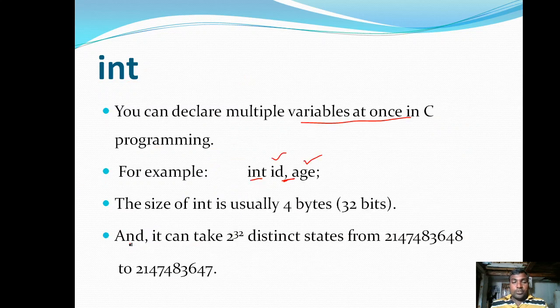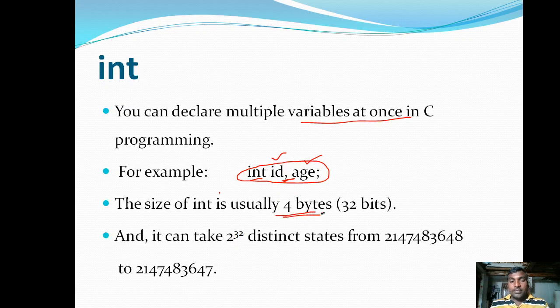After executing this statement, the C compiler is going to allocate 4 bytes of memory for id and 4 bytes of memory for age. Even though you are declaring two variables in a single statement, 4 bytes of memory will be allocated for each variable. The size of int is usually 4 bytes.